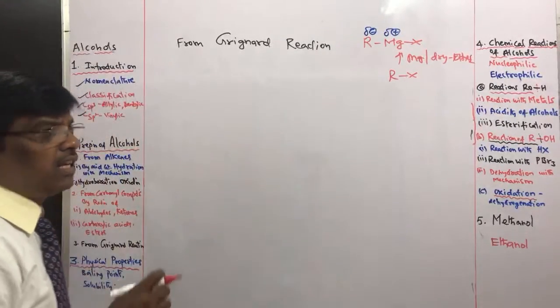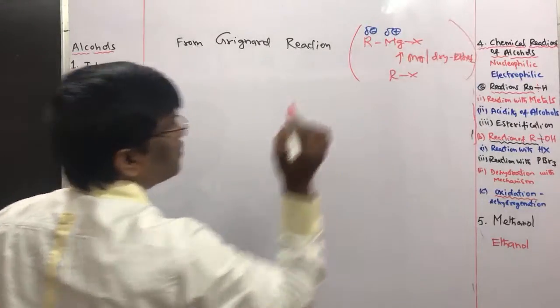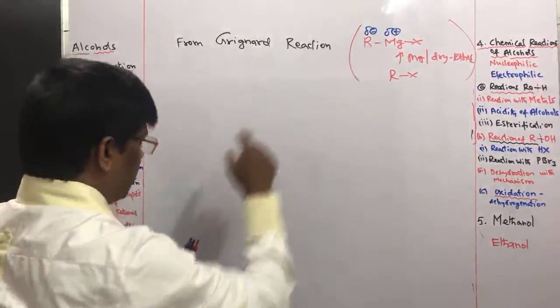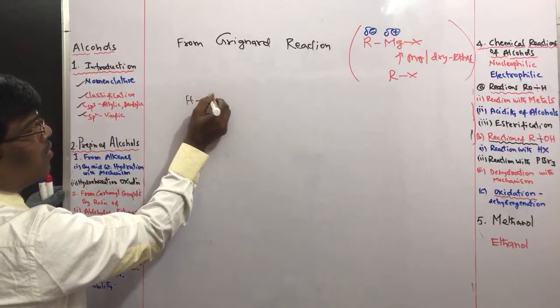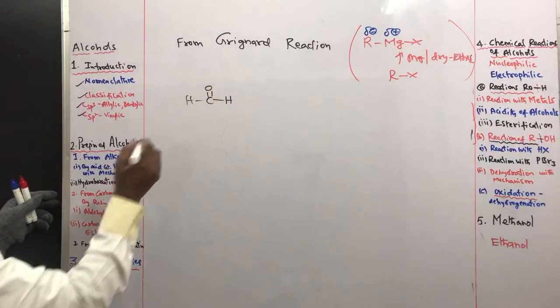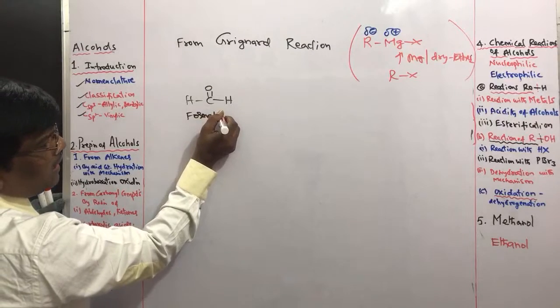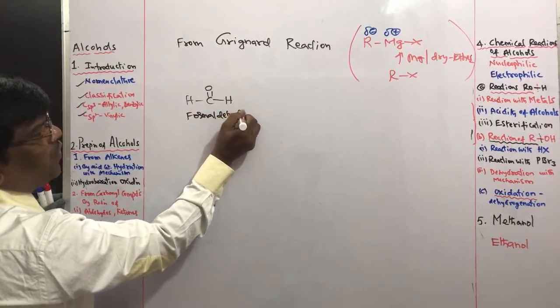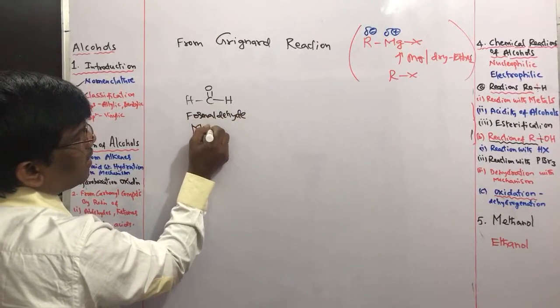Then how are these Grignard reagents going to give alcohols? When I treat the Grignard reagent with, for example, formaldehyde, the confusing name of formaldehyde is methanal.